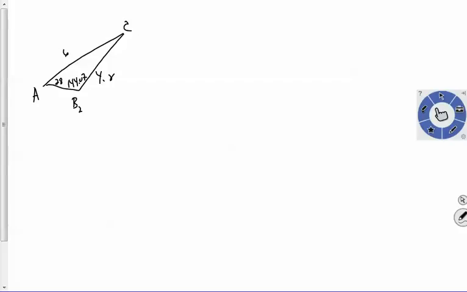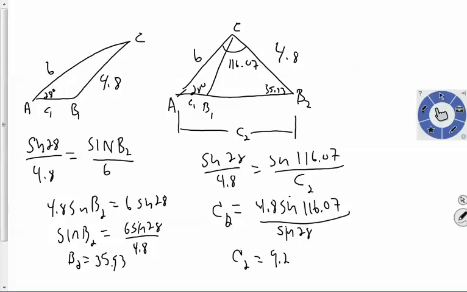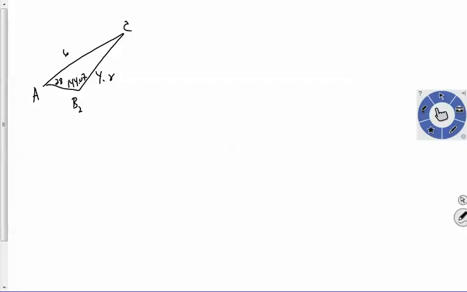How do I know that? Oh, because this is an isosceles triangle right here, because it's swinging. So this is 35.93. That's why. Since these are isosceles, I can get that angle right there, because this one and this one have to add up to 180.